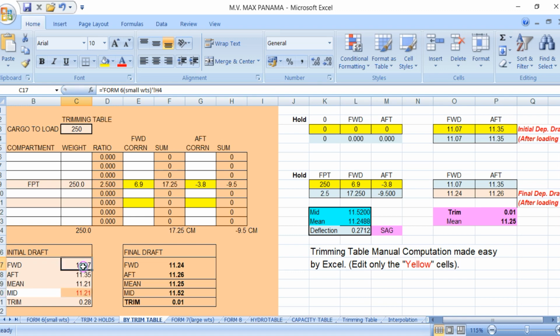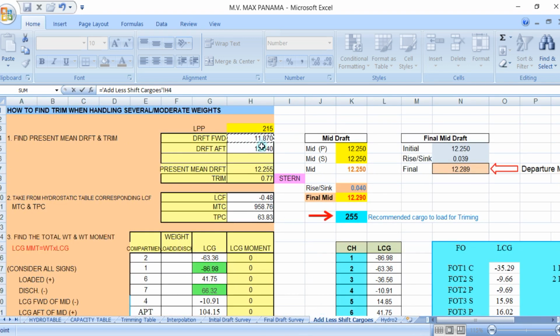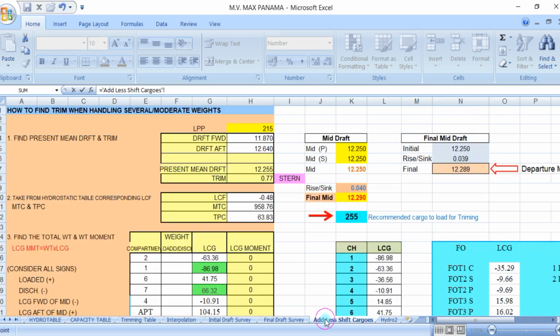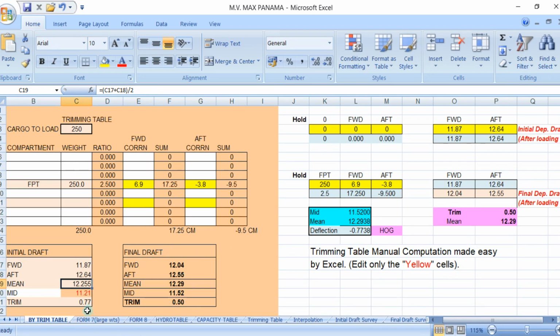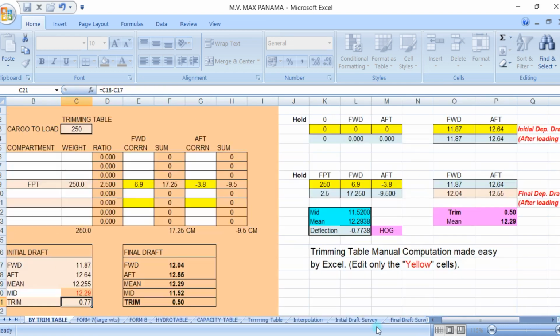Your initial drop is 11.87, and your updraft is 12.64. So your mean drop is 12.255, and your mid drop is 12.29. Okay, your mid drop.